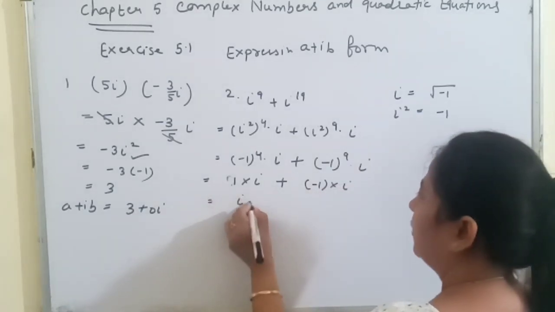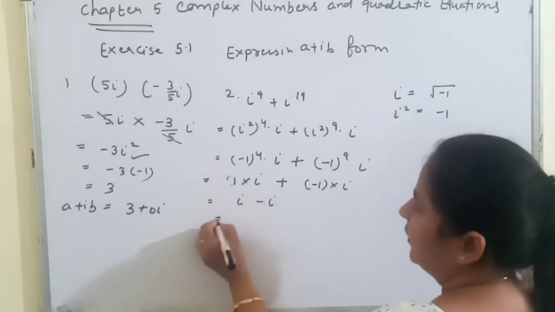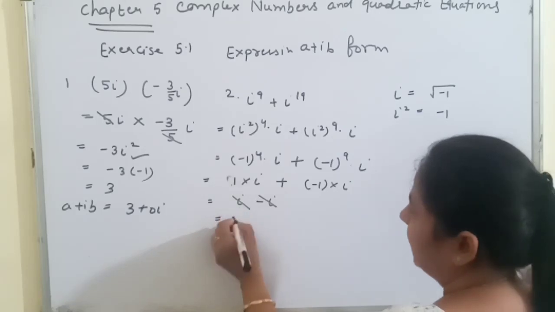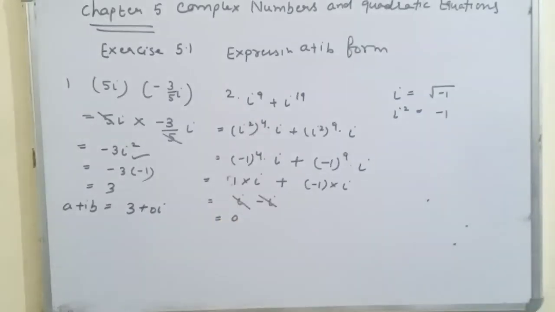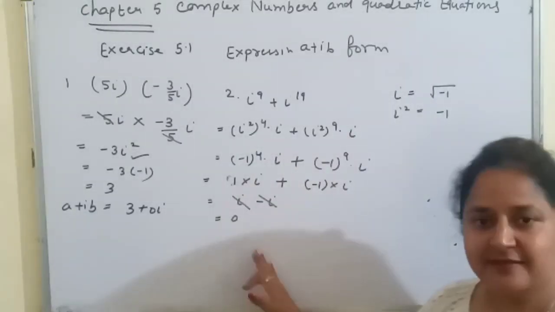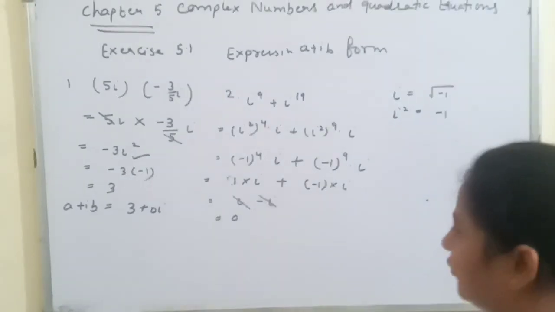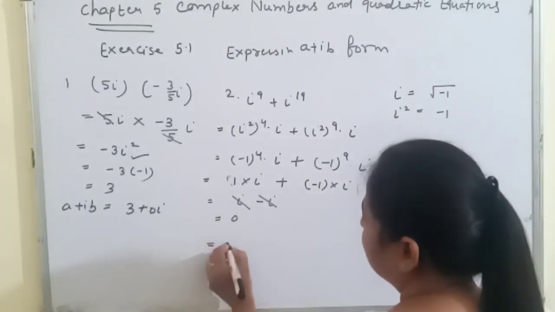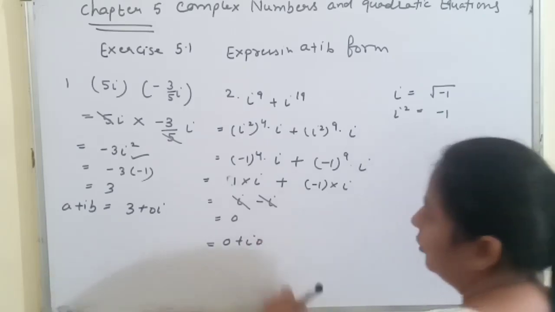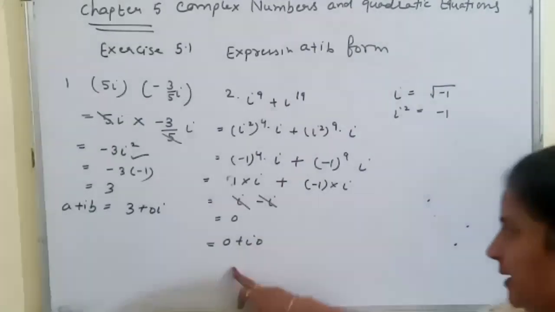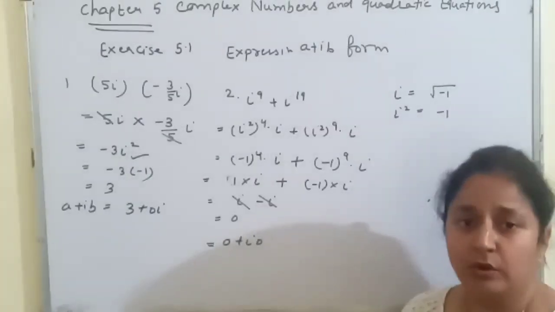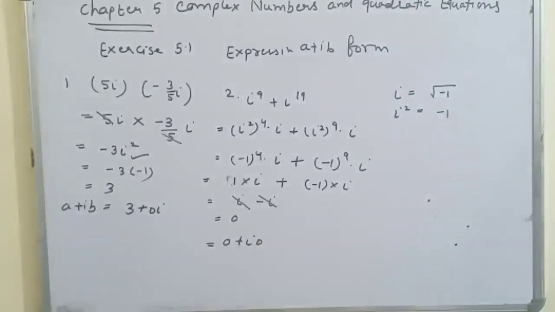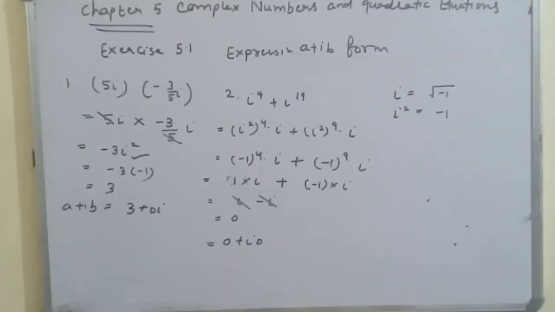So yes, plus iota minus iota. Plus iota is cancelled by minus iota. The result for the second question is 0. So the complex form for this is 0 plus 0 iota. The real number as well as the imaginary part are both 0 here. This is the way in which we can solve.